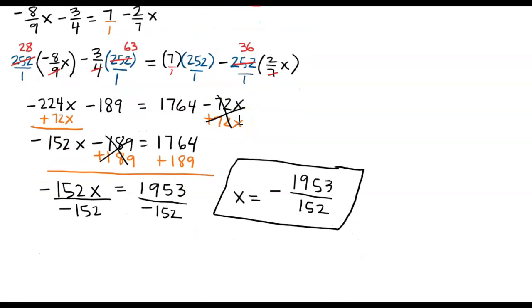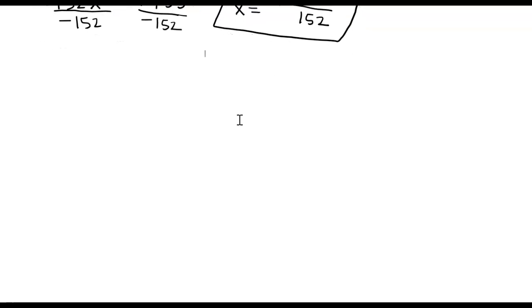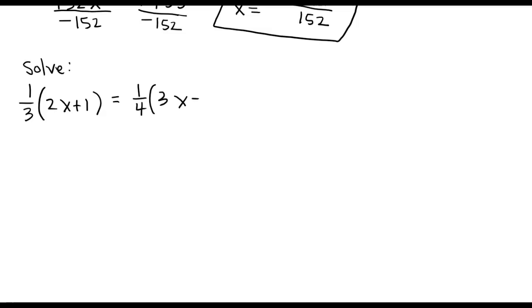All right, let's look at one other type of problem, and this one has parentheses in it, and it's been giving some students some issues. So let's look at one like this. If you're asked to solve 1/3 times the quantity 2x plus 1 equals 1/4 times the quantity 3x minus 2/3.